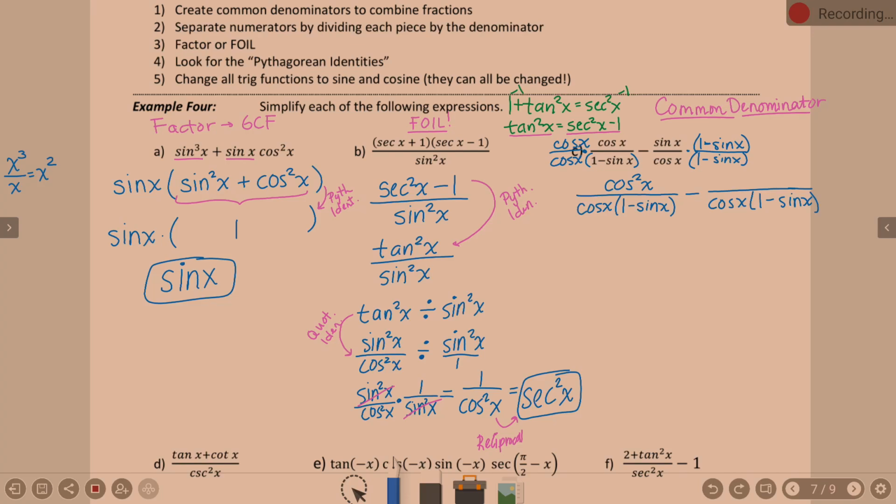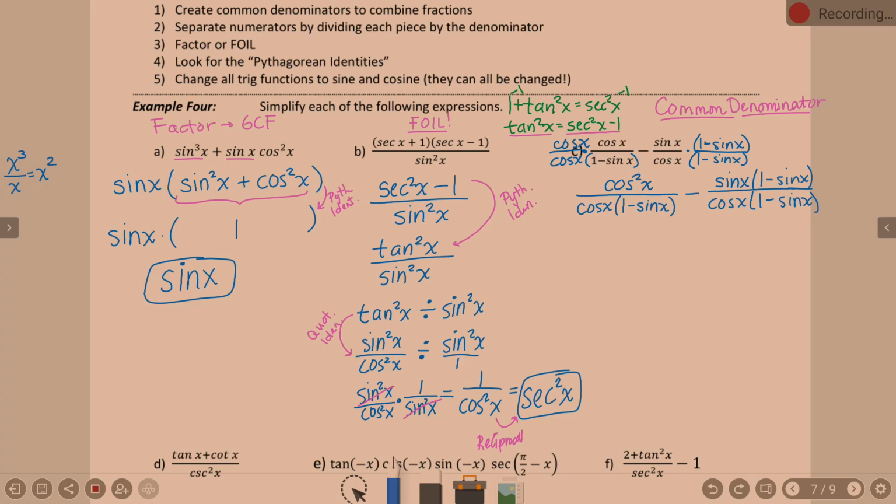Now, you could go ahead and distribute, or for the moment, did you guys go ahead and distribute? Okay, I'll distribute on my next step. Go ahead and distribute there if you want, or we'll distribute on the next step. But yes, you are going to need to multiply them together.